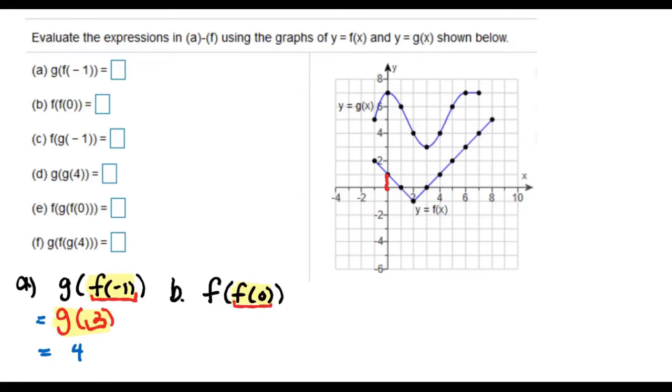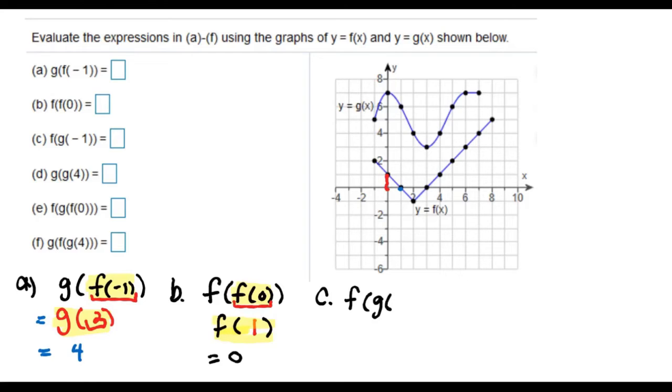I'm going to change f of 0 to be 1. Now I'm going to find f of 1. I'm going to go to where x is 1, go to the graph of f. I'm already at the graph of f, and the y value is 0 there. So f of f of 0 is 0. Let's try the next one.